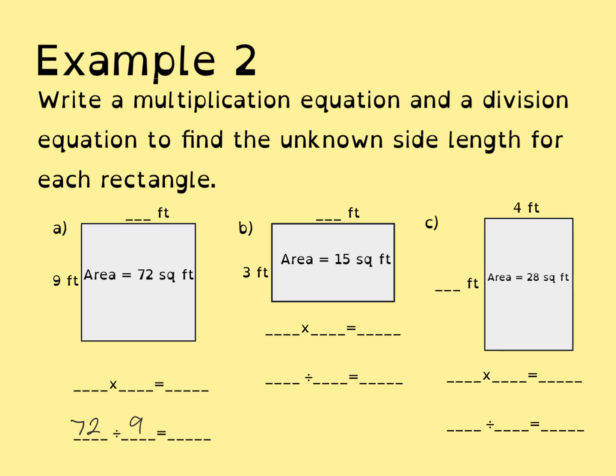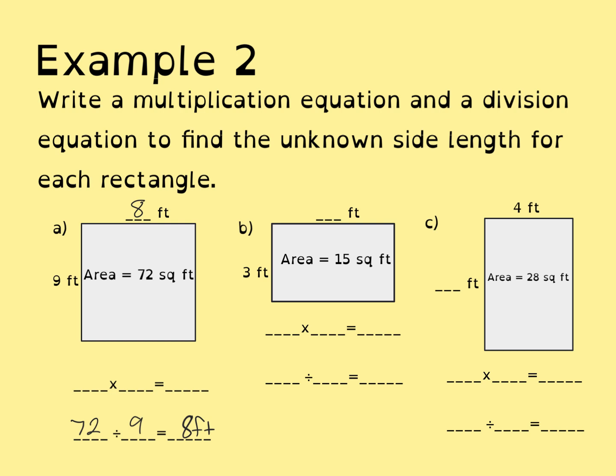So 72 divided by 9 is 8, and that gives us our missing side length. When doing the problem, it's very important to write down your units for your answers. So in this case, since we just found the side length, it would just be feet. If we were talking about area, our unit would be square feet.